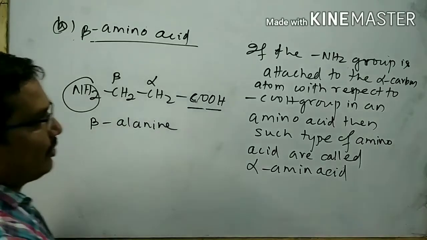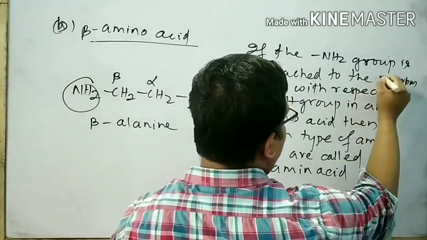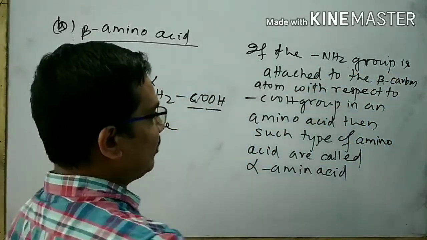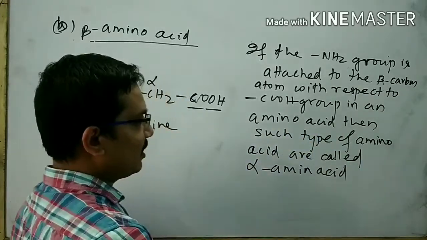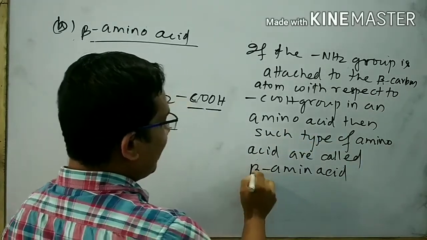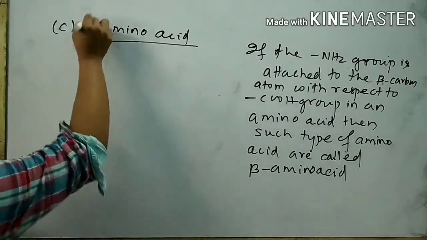From this example, we conclude that if the NH2 group is attached to the beta carbon atom with respect to the COOH group in an amino acid, then such amino acids are called beta amino acids.